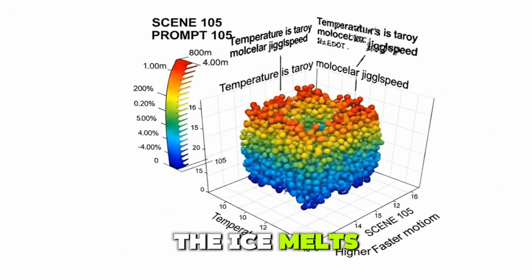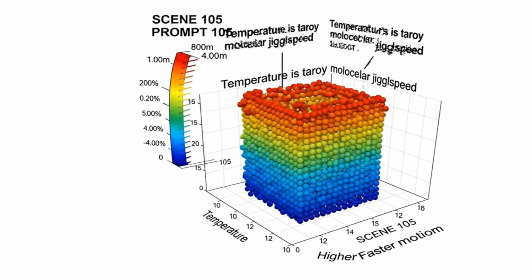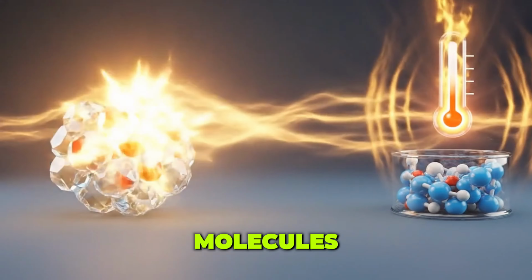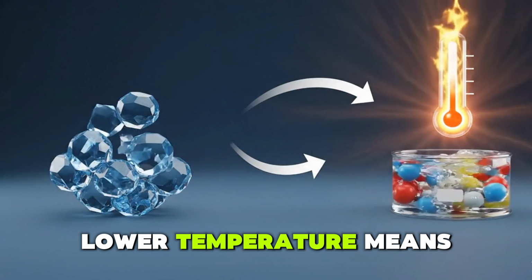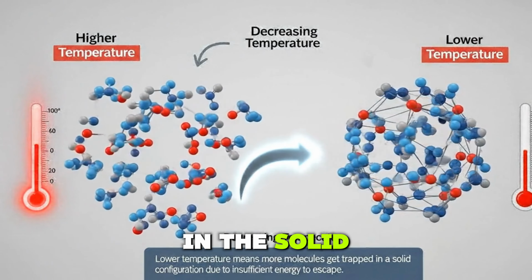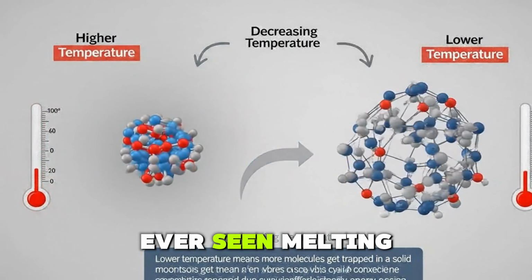The ice melts. Temperature is just a measure of how fast the molecules are jiggling. Higher temperature means faster jiggling, which means more molecules have enough energy to break free from the crystal. Lower temperature means slower jiggling, which means more molecules get trapped in the solid. This is the microscopic story behind every phase transition you've ever seen.